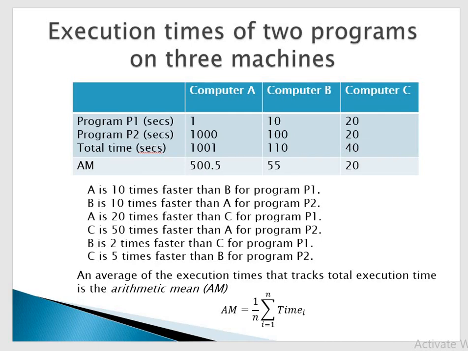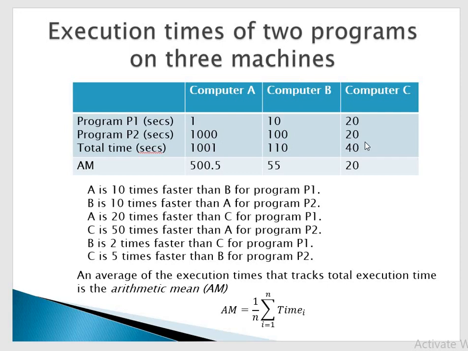Let's suppose program P1 takes 1 second on computer A, 10 seconds on computer B, and 20 seconds on computer C. On the other hand, for program P2, computer A takes 1000 seconds, computer B takes 100 seconds, and computer C takes 20 seconds.